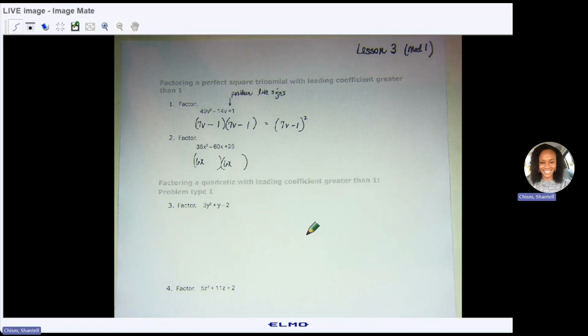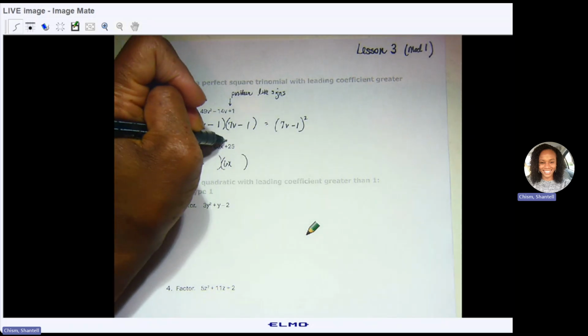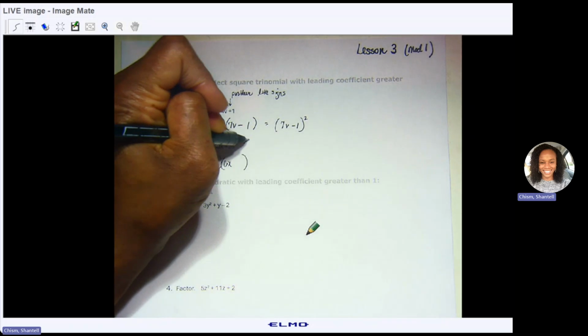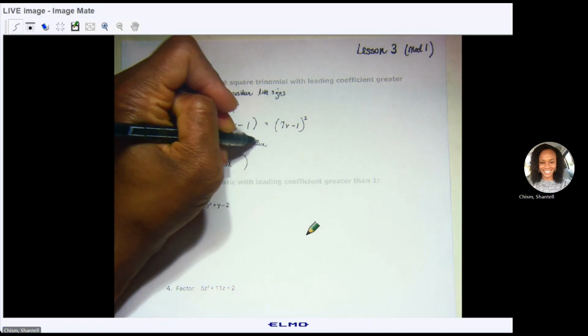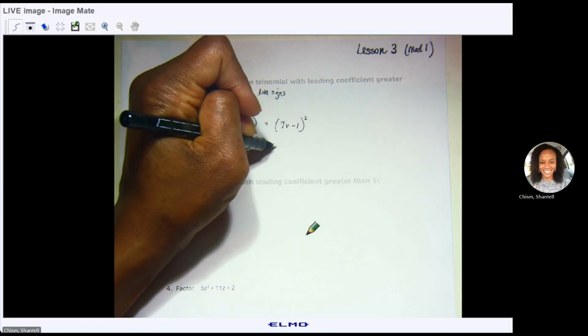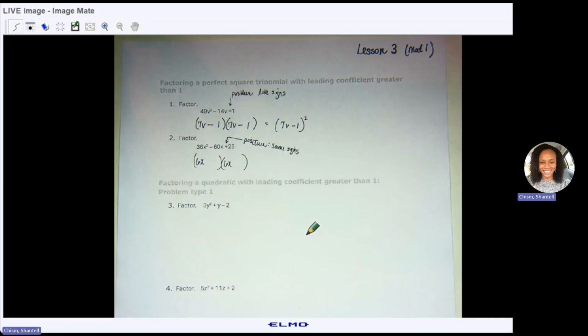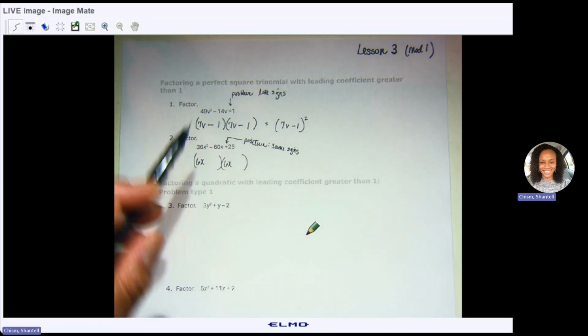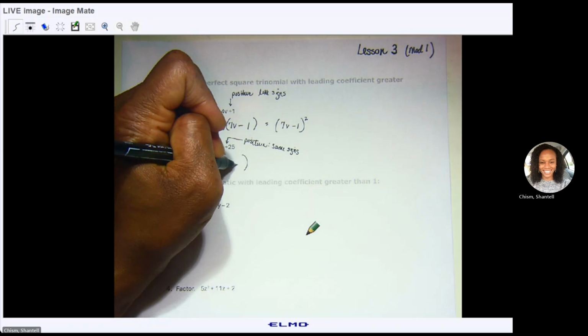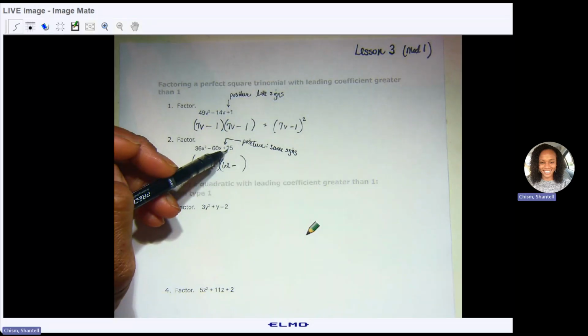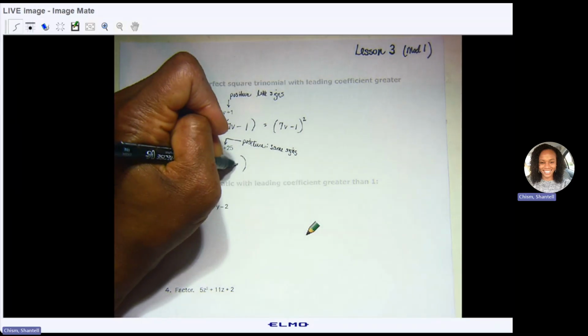Then, because I have a positive C, I'm going to put my signs in. Same signs, or like signs, and that tells me what they both are. And so 25 is 5 squared, so I have 5 and 5.